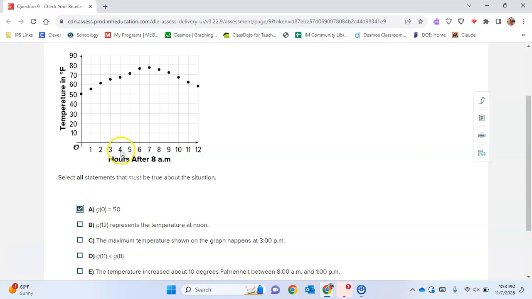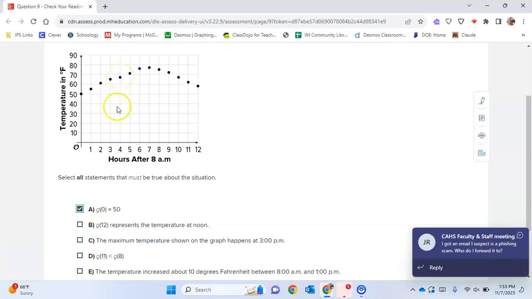g of 12 represents the temperature at noon. No, the temperature at noon would be 4 hours after. This would be the temperature at noon right here. So it would be g of 4, not g of 12. The maximum temperature shown on the graph happens at 3. All right, so this would be 9, 10, 11, 12, 1, 2, 3.